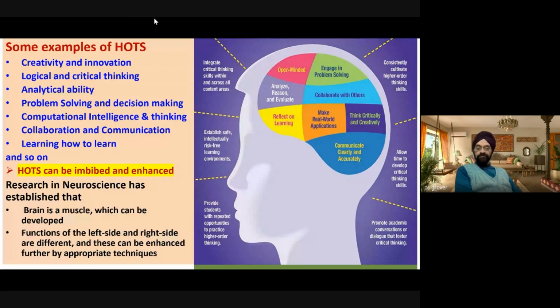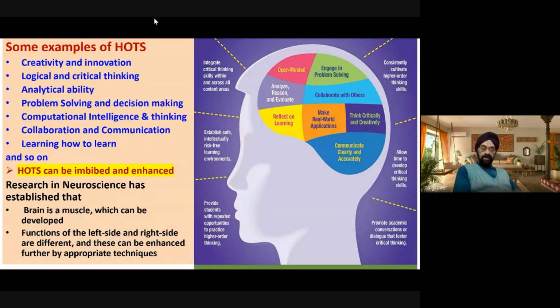To develop your brain muscles, to develop brain as a muscle so that it either develops or incorporates or enhances critical thinking or problem solving or other attributes, we need to give them the proper kind of tools, proper kind of environment.